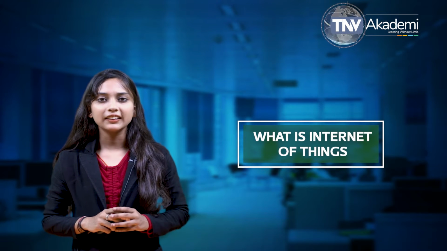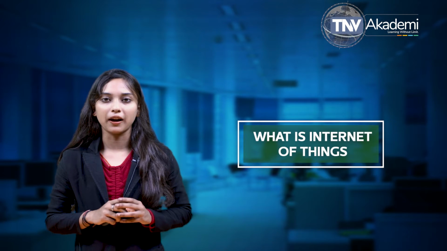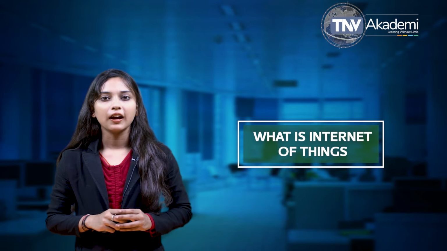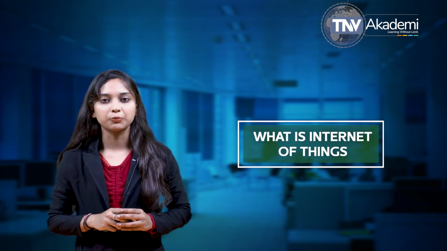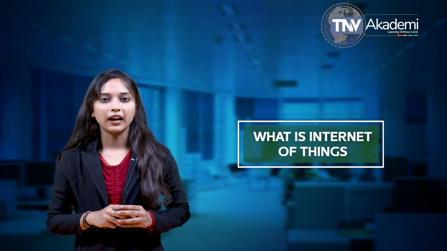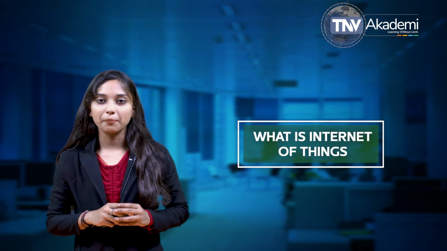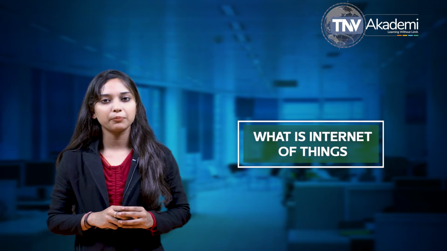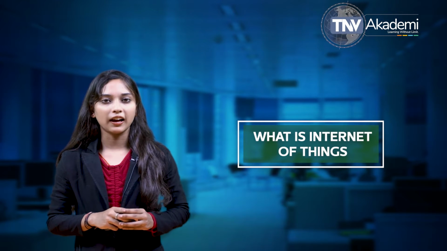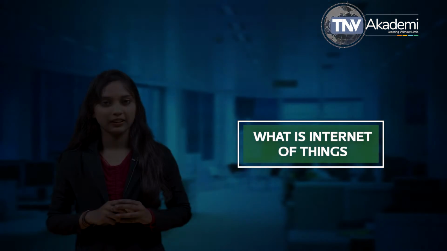A thing in the Internet of Things can be a person with a heart monitor implant, a farm animal with a biochip transponder, an automobile that has built-in sensors to alert the driver when tire pressure is low, or any other natural or man-made object that can be assigned an internet protocol address and is able to transfer data over a network.